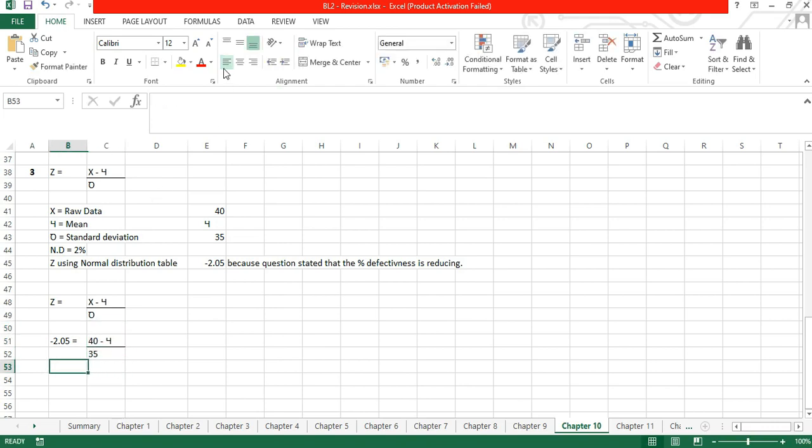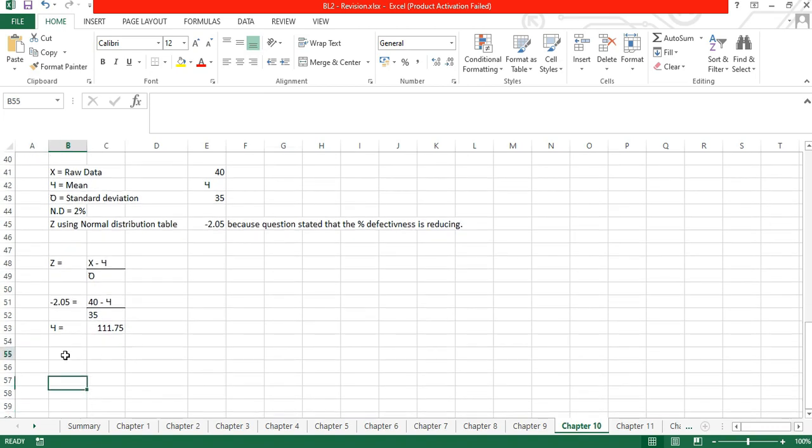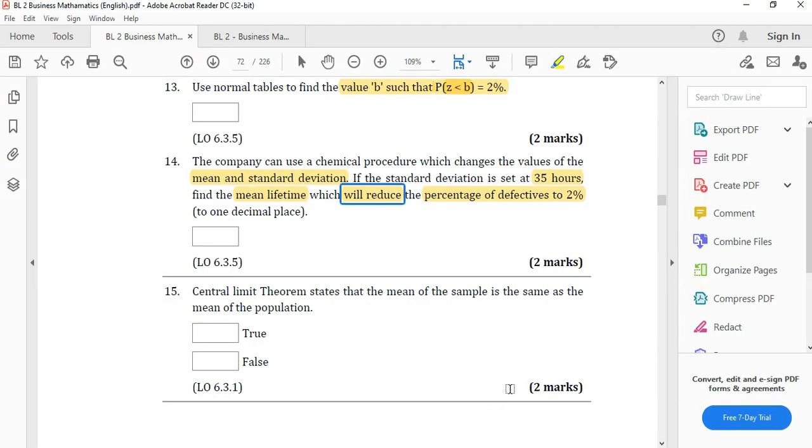The answer for the mean therefore will be 111.75, because we get minus mean is equal to minus 111.75, and then if you divide both sides by minus 1 you will get plus 111.75. Okay. So with that we finish question 14.